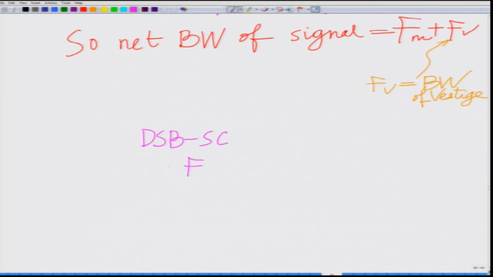has a bandwidth of 2 Fm, which is greater than your vestigial sideband modulation, which has a bandwidth of Fm plus Fv, okay, which is greater than the bandwidth of your single sideband modulation or upper sideband modulated signal, which has a bandwidth of Fm.